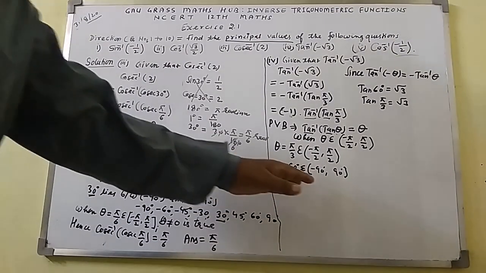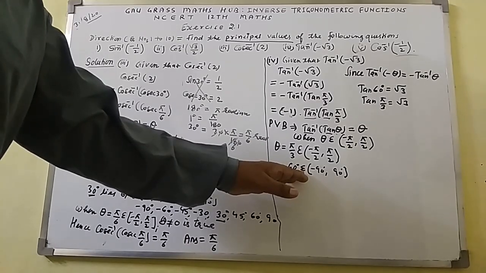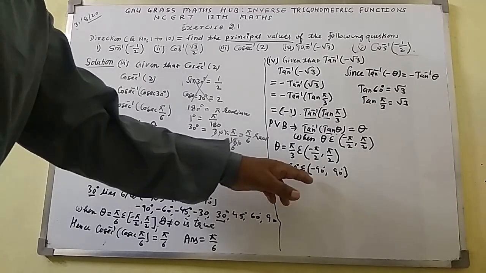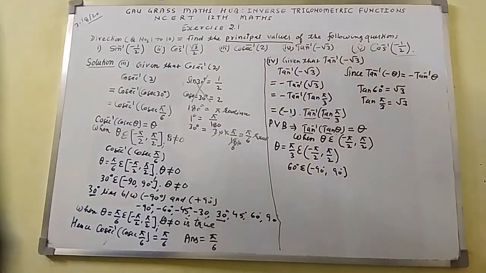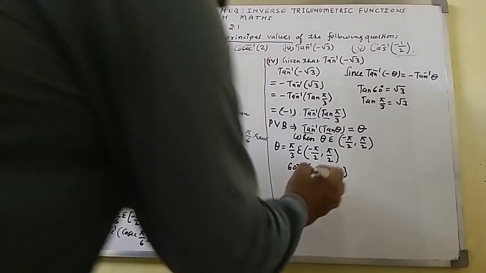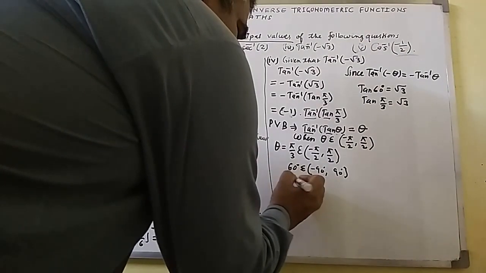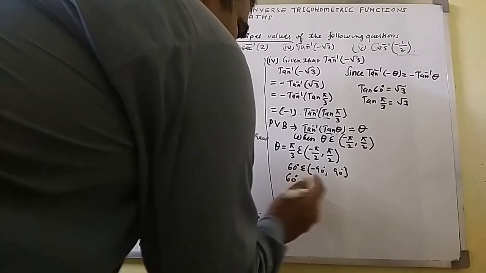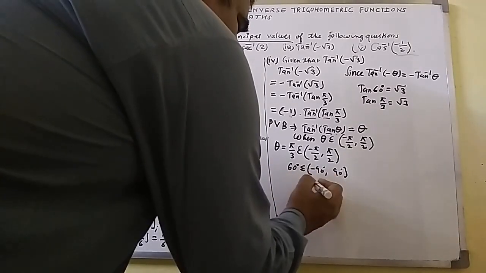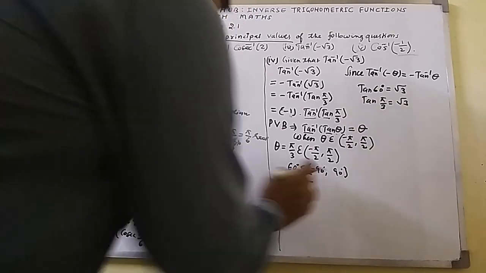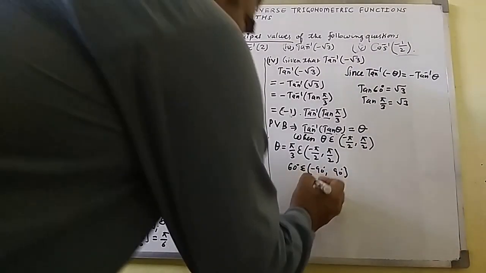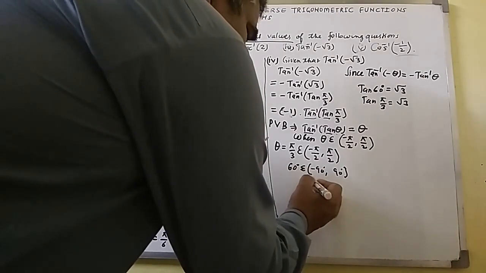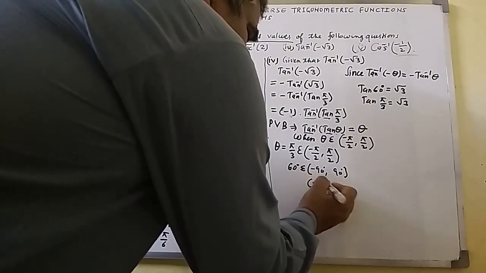This means that in the expansion, minus 90 degree and plus 90 degree will not be included. So you can see, expanding this, the 90 degree will not be taken into account.